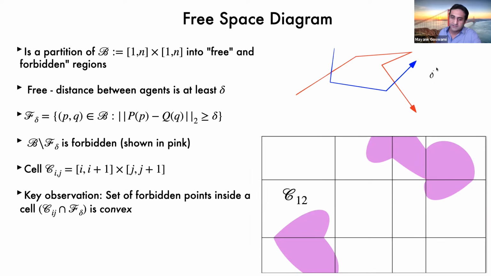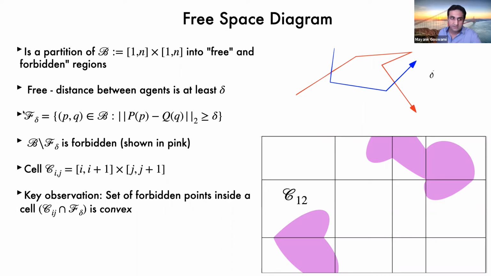The free space diagram of these two curves of range delta is a partition of this box, and the box is the cross product of 1 to n with 1 to n. And it's a partition of this into free and forbidden regions. A white point is in the free region, and that corresponds to a pair of locations of the agents where the agents are at least delta distance away.